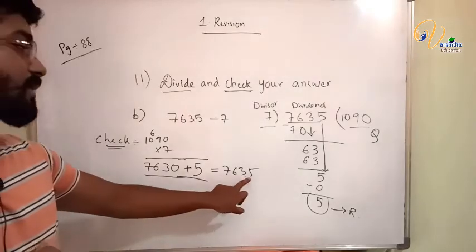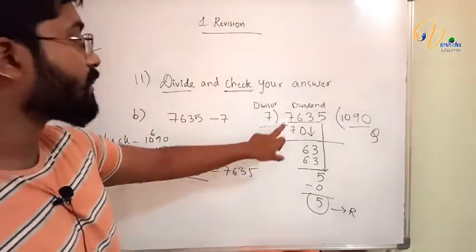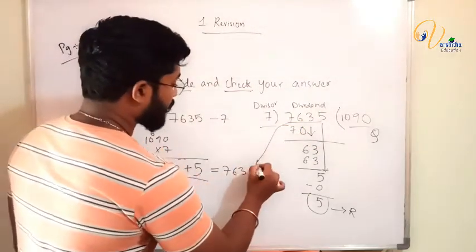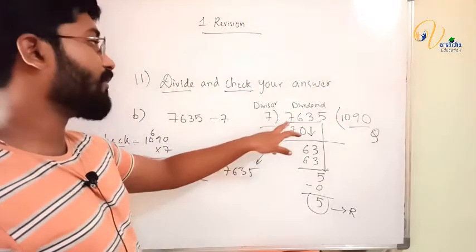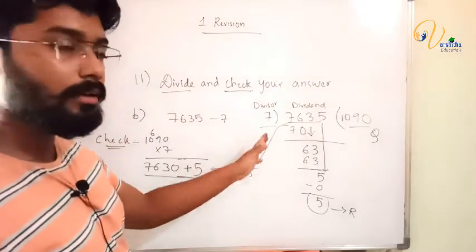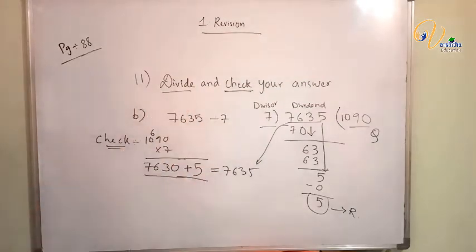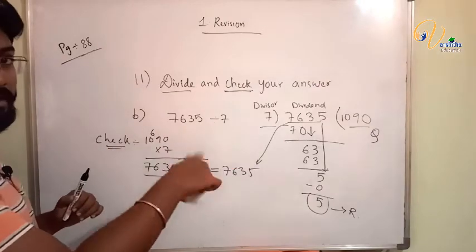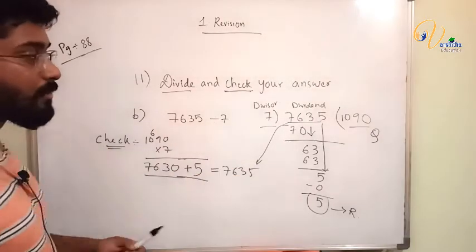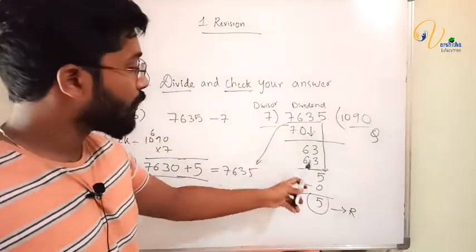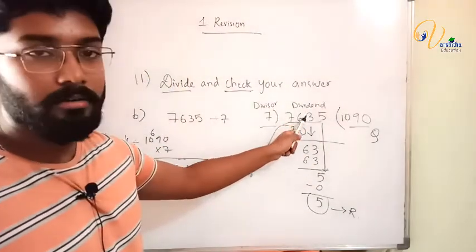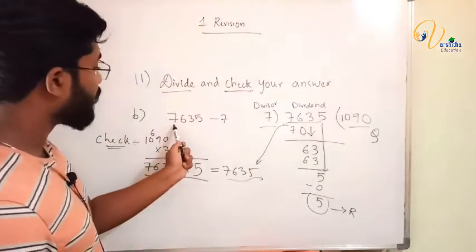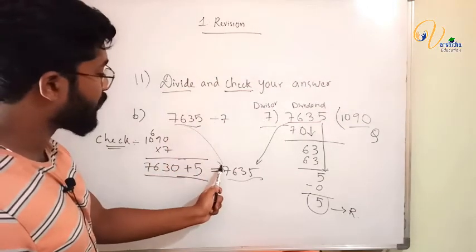Is it equal to the dividend? 7635, 7635. These two are equal. Whatever we did and whatever he has given in the question, both are equal, so the process we did is correct. The checking is done to see whether we did it correctly or not. The process is: quotient into divisor plus remainder should be equal to the dividend.